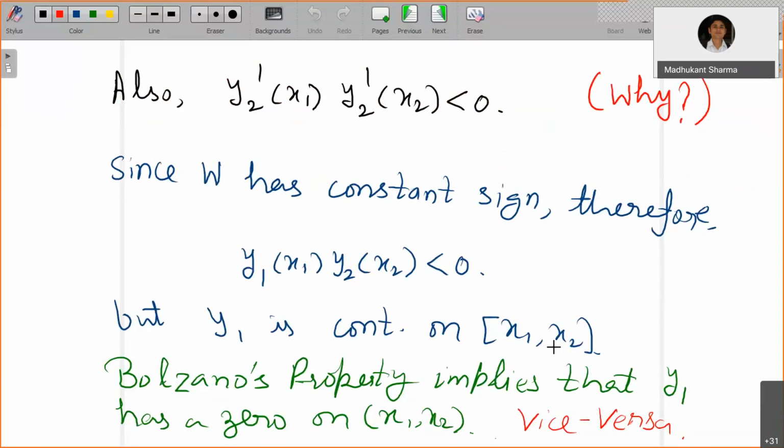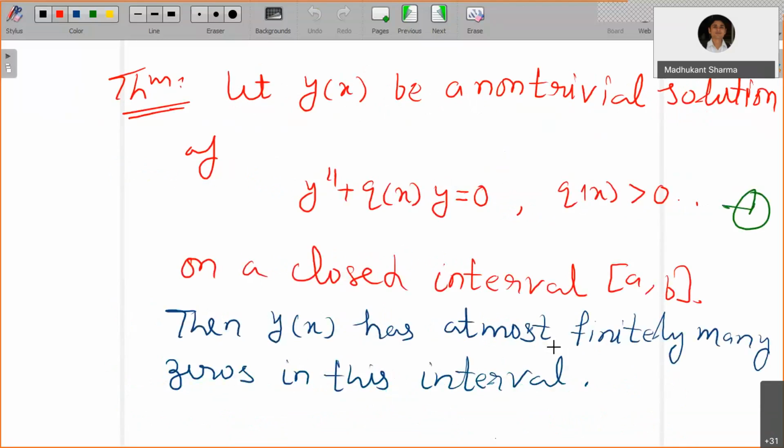Now you have the following result, which gives you a very important foundation for establishing the Sturm comparison theorem.